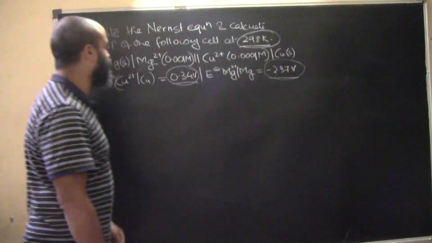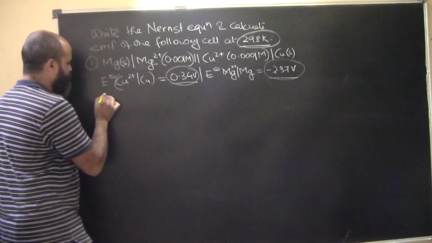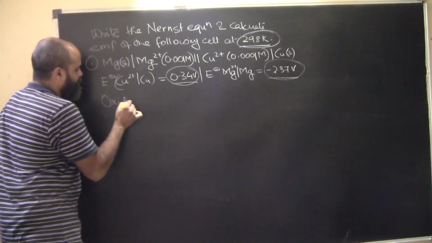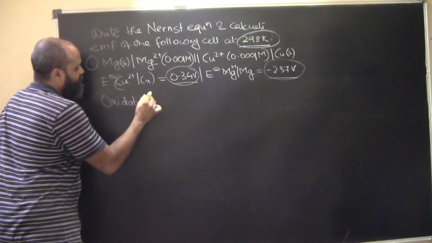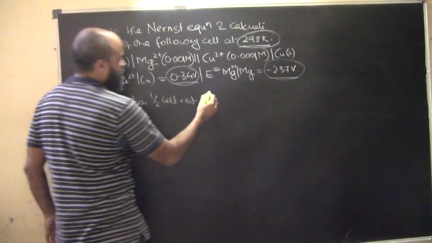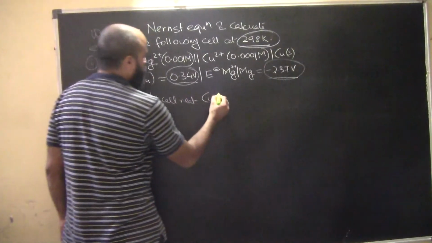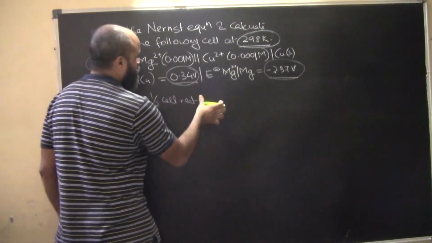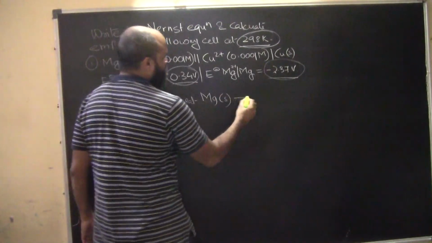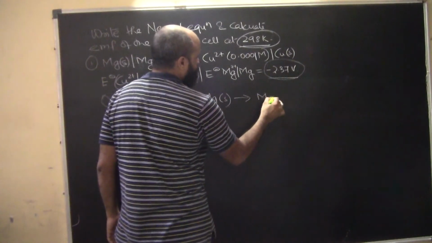So where does the oxidation take place? The oxidation half cell reaction will be undergone by magnesium, that is solid, and this will change into magnesium ions.